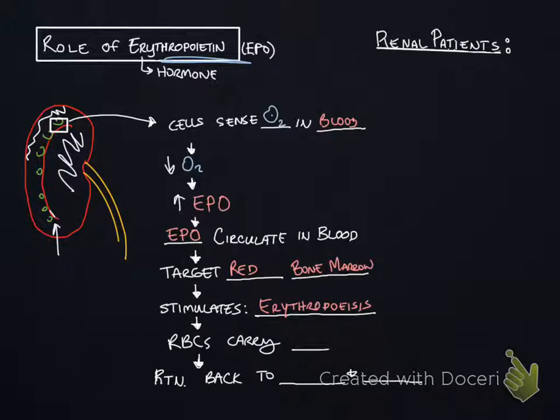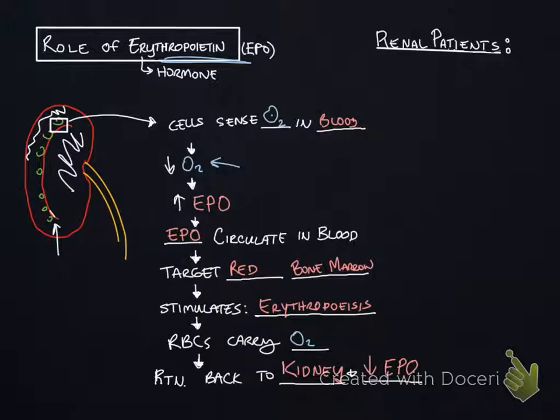Remember, these red blood cells are carrying oxygen, which was our initial problem, right? And when these red blood cells return back to the kidney carrying the increase in oxygen, it will then decrease the secretion of EPO. So it's a negative feedback mechanism.